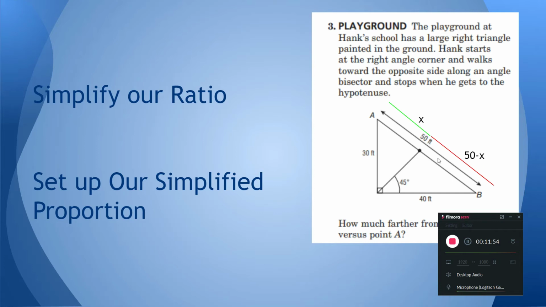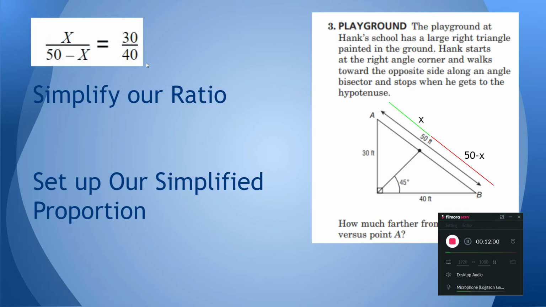All right, so we're going to set up our ratio, and we have our X over 50 minus X for our first ratio. And then to set up our proportion, we take our sides here of 30 feet and 40 feet, setting up our second ratio, 30 over 40, the full proportion being X over 50 minus X equals 30 over 40.